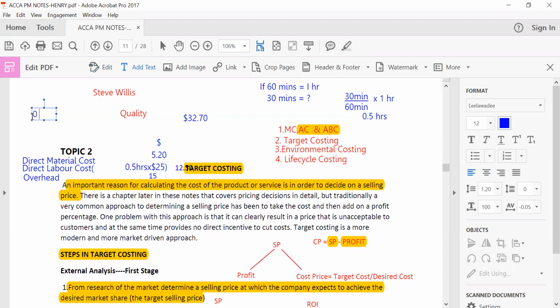So 0.5 hours times the dollars here. We have $25. And adjusting it, flexing it in the case of idle time, I'll just say 100 over 90. Now, this idle time is going to make the workers spend more hours, and the more hours will create extra cost.